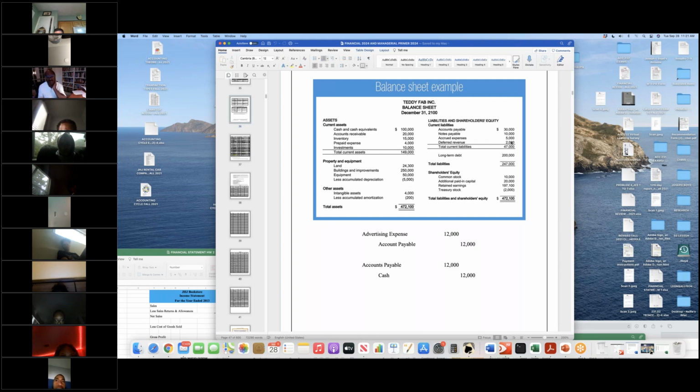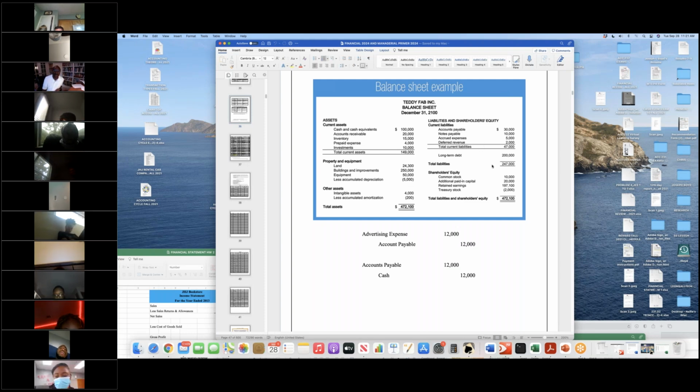On the right or at the bottom are the liabilities and the shareholders' or stockholders' equity, to come up with the total liabilities and stockholders' equity. And on our balance sheet, there are no accounts below retained earnings. And it has the balance.